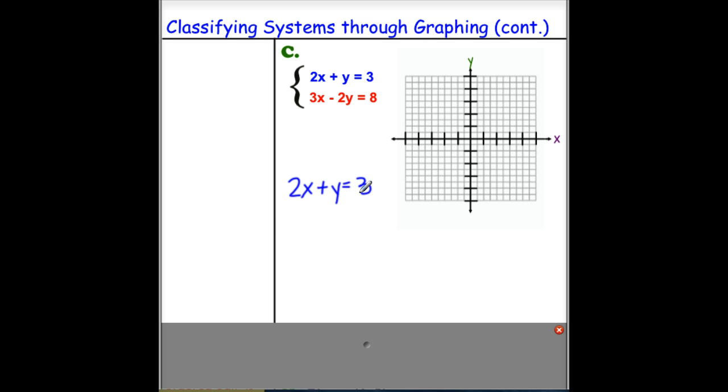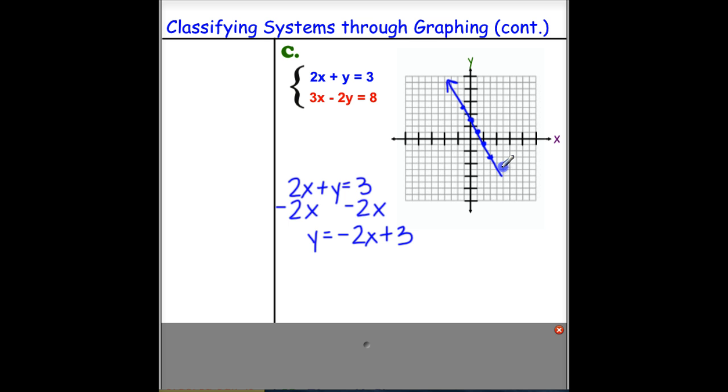And I'm going to subtract 2x from both sides, giving me y is equal to negative 2x plus 3. So I can go ahead and graph that. Positive 3 and down 2, forward 1, down 2, forward 1, and I'm going to keep going 2 more in either direction, and go ahead and graph.